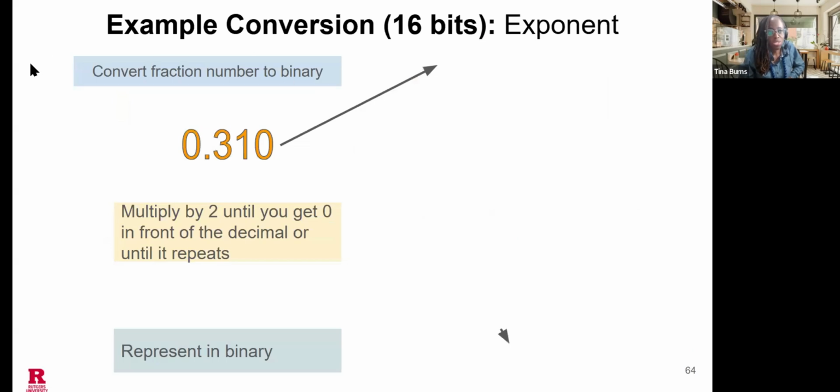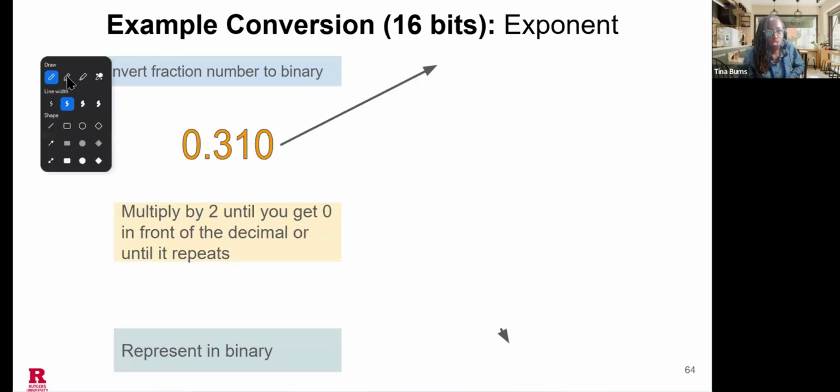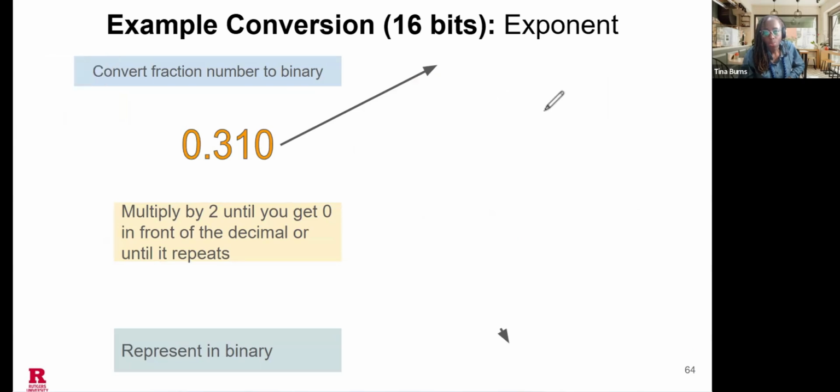Now, here's what I want us to see. When we're doing this conversion here, we're going to have something that repeats, or something that basically keeps on going.